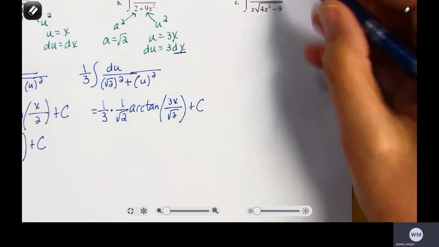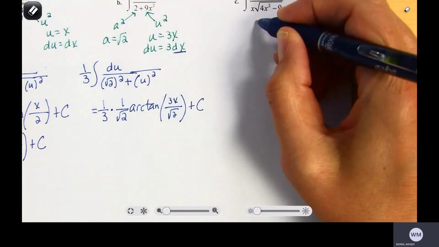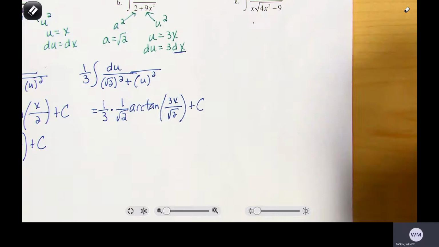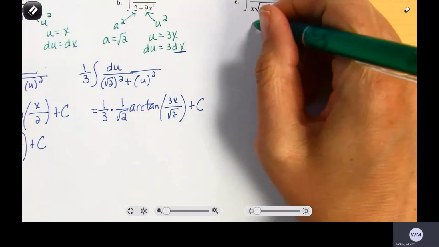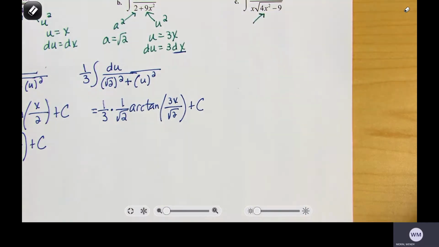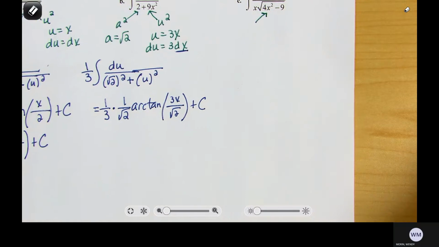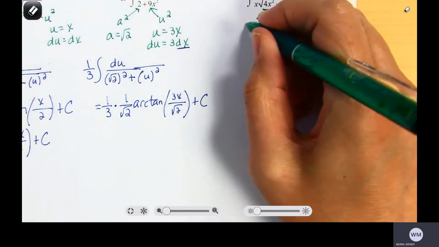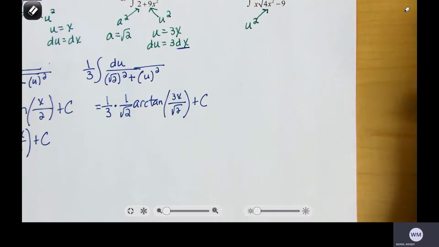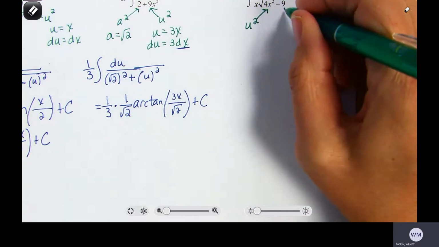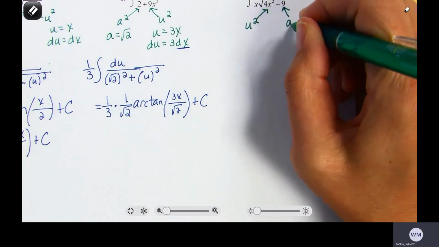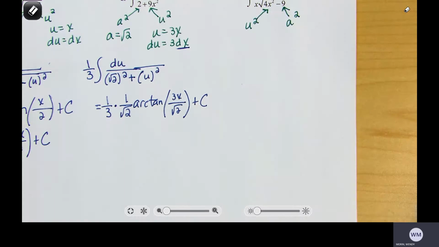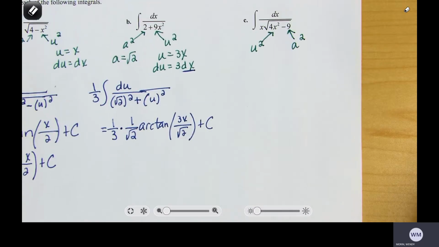Okay, so four x squared is u squared. Our 9 is our a squared. Oops, sorry about that.